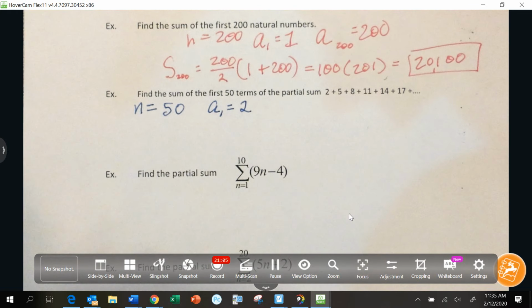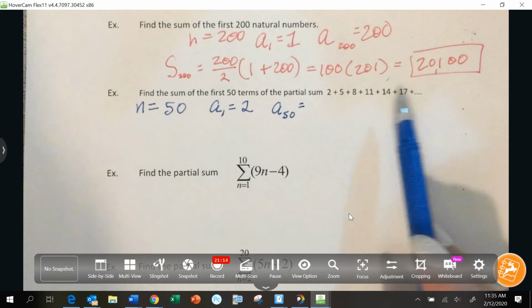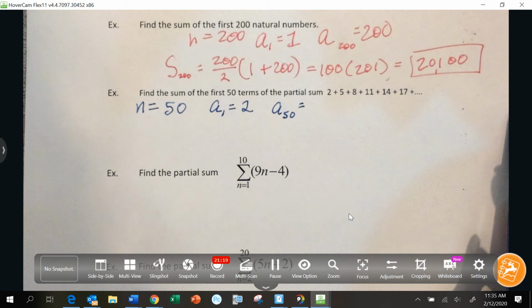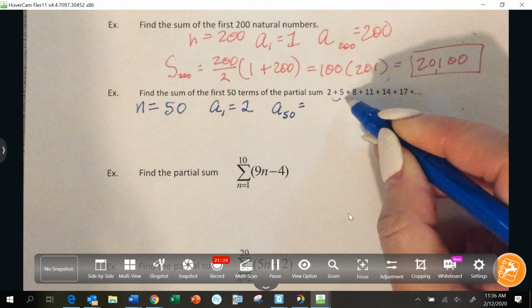Now, what is my a sub n? I don't know, but I am not going to continue this pattern 50 times. Waste of time. Instead, what is the pattern?